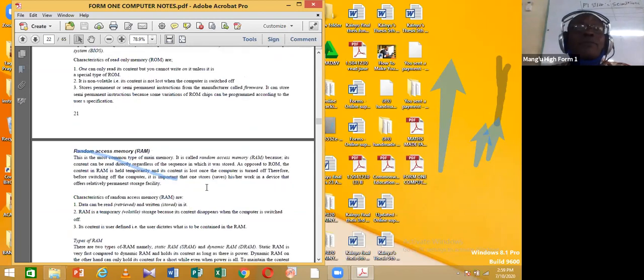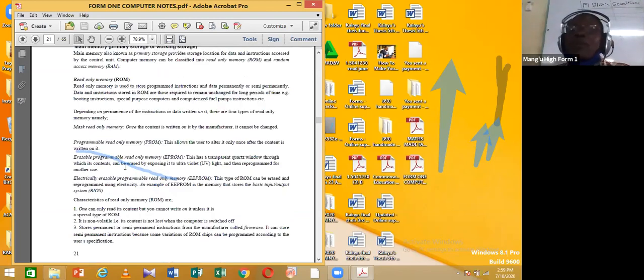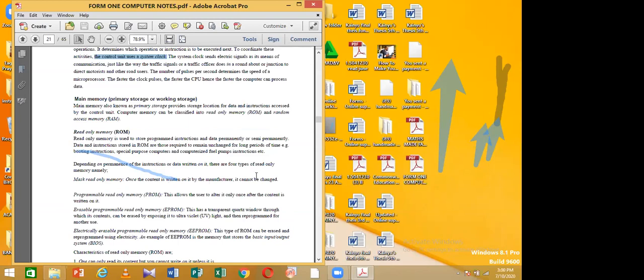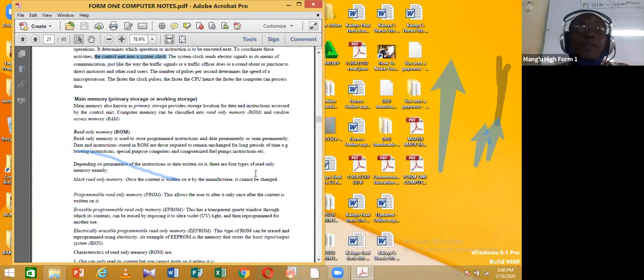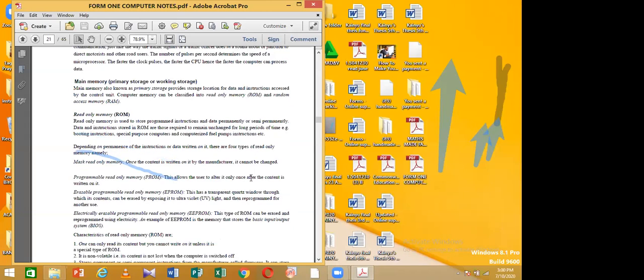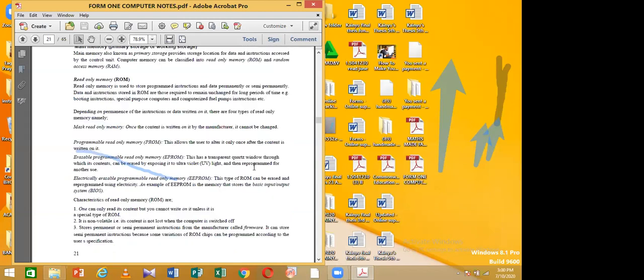If you can start with read-only memory, it has its own characteristics. The types of read-only memory depend on the permanency of what is stored. That's why we have mask read-only memory. We have programmable read-only memory, in short called PROM.